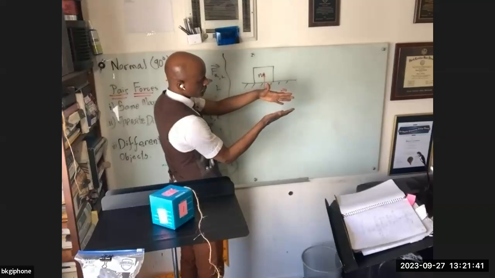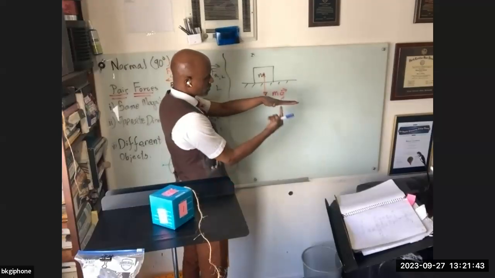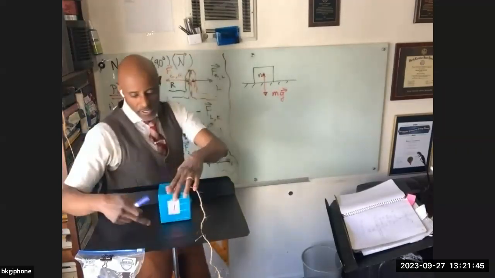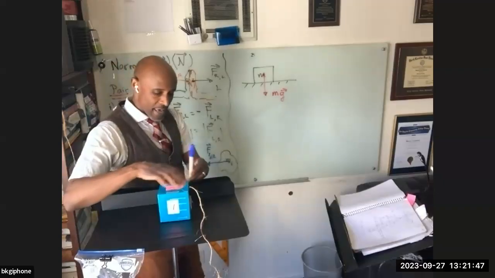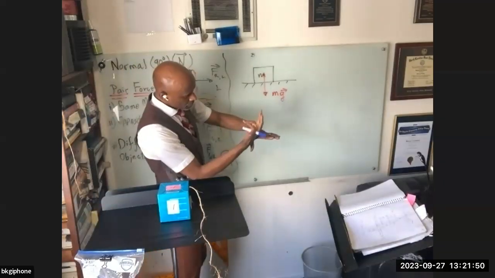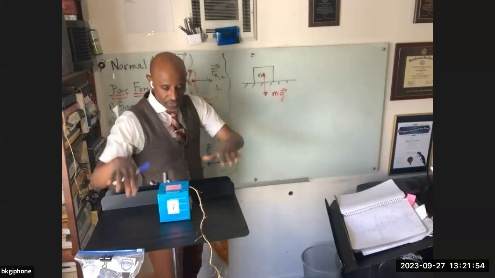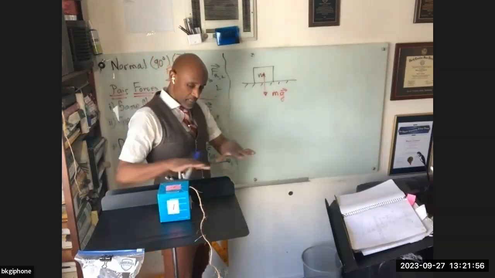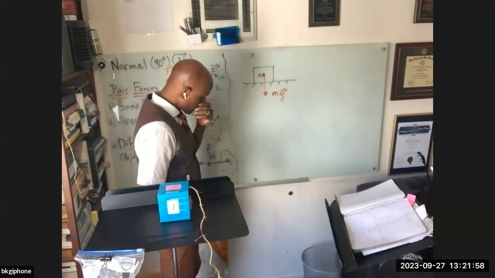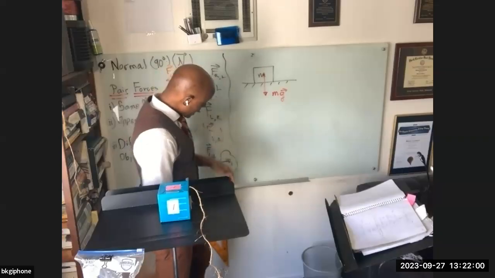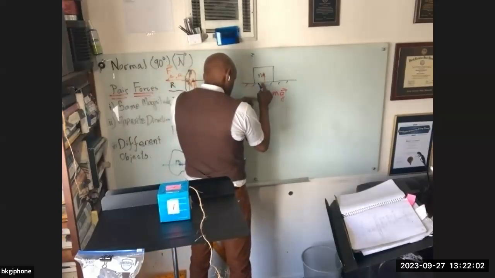So that force is acting on the bottom of the box due to the tabletop, and it is acting perpendicular to the contact face between the block and the podium. Now, it's actually acting right here at that point.